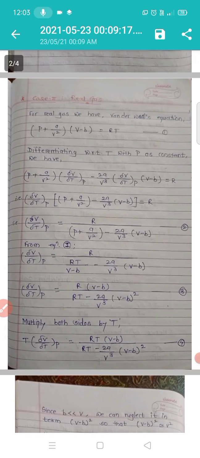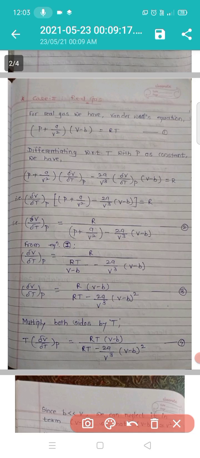Then for a real gas, we have the van der Waals equation. Here, the van der Waals equation is (P + a/V²)(V − b) = RT.